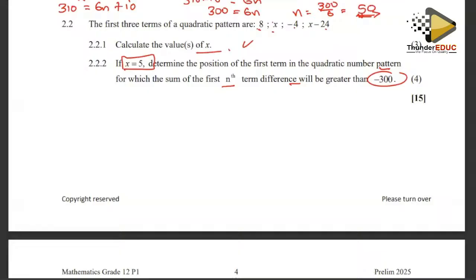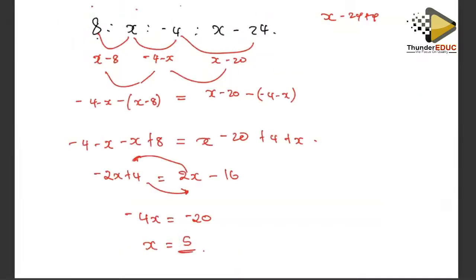The sum of the first nth term difference. So we need to get the nth term for the first differences. With x as 5, it's going to be 5 minus 8, which becomes negative 3. And then negative 4 minus 5, which is negative 9. And then 5 minus that is going to be negative 15. It's negative 6, negative 6.